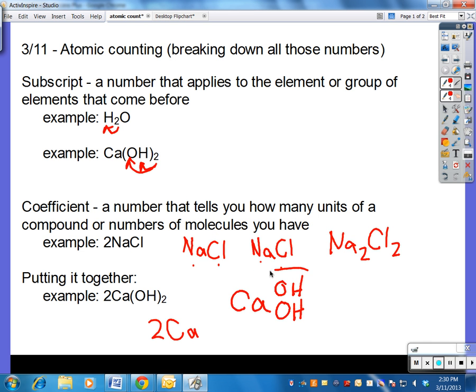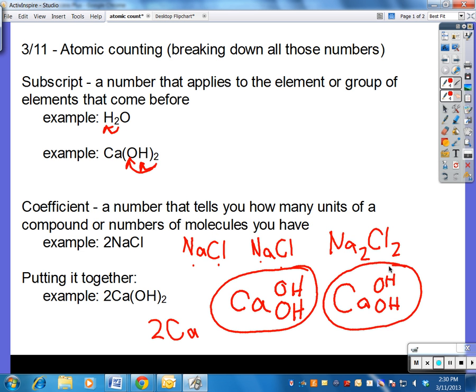So that would be 1 unit right there. But then I have 2 units, so I have another one, Ca(OH)2. And this can get a little cumbersome, but it really helps you to visualize what you have without getting stuck on all the numbers.